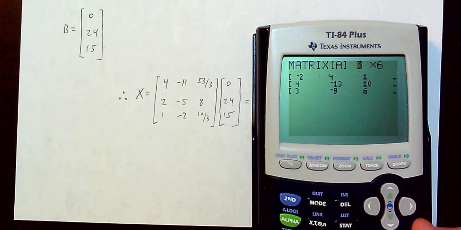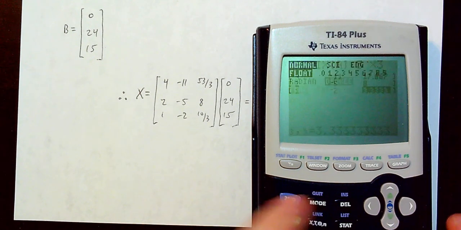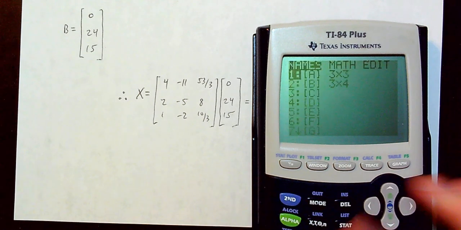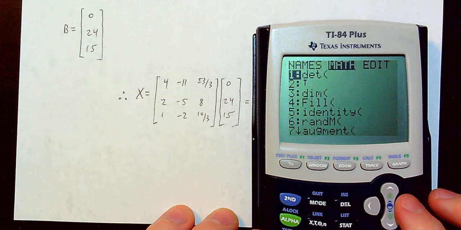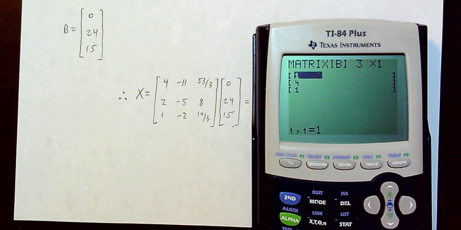I'm going to need 2 matrices, and the first one has to be a 3 by 3: 4, negative 11, 53 divided by 3, 2, negative 5, 8, 1, negative 2, 10 thirds. We need to edit our second matrix B. This is going to be a 3 by 1 matrix, and we have 0, 24, and 15.